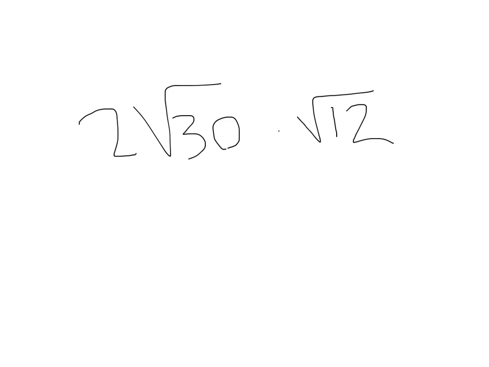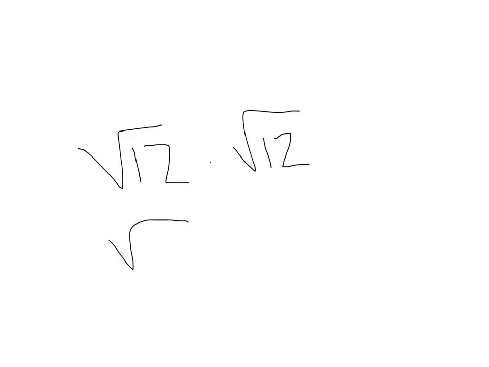And you end up with 2 root 30 times root 12, and you end up with 2 root 360. Now let's go back to the bottom. You have root 12 times root 12, which is just the square root of 12 times 12, which is 144, equals just 12.